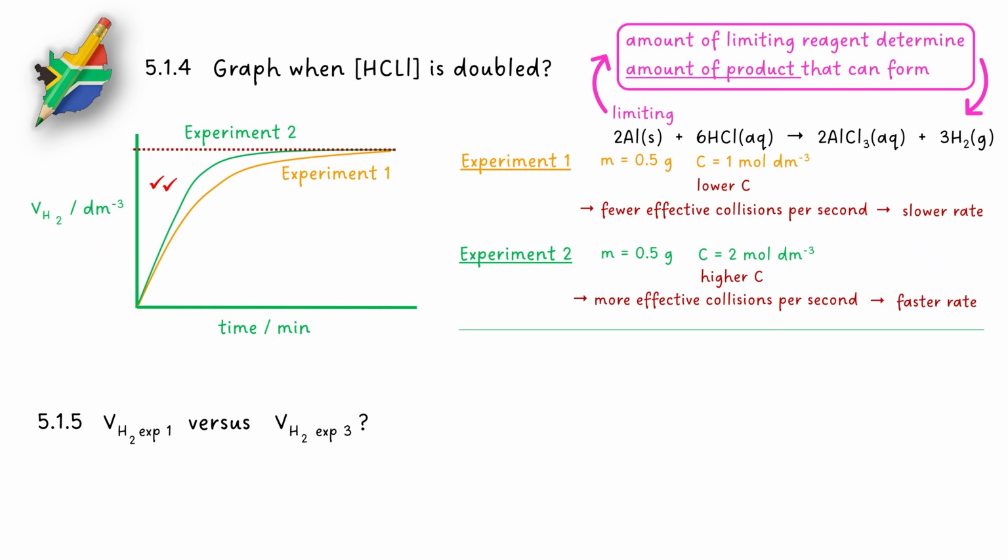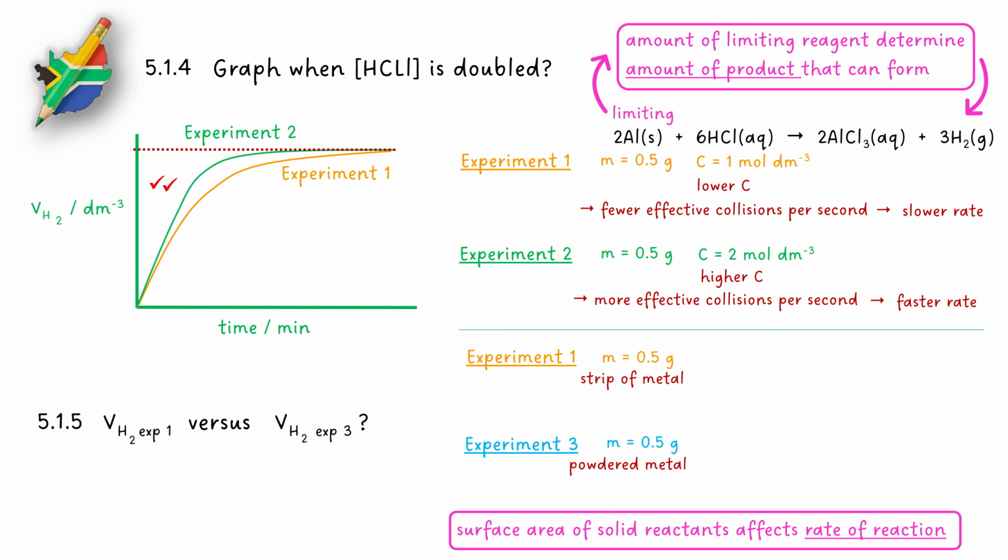Then we have to see how the volumes of hydrogen produced in the first and third experiments compare. We are told the same mass of aluminium is used in each, but that a strip of metal is used in the first, while powdered metal is used in the second. We said earlier that the surface area of solid reactants affects the reaction rate.